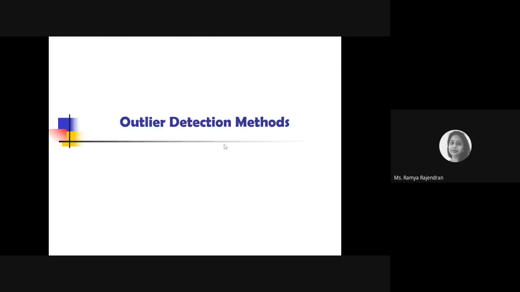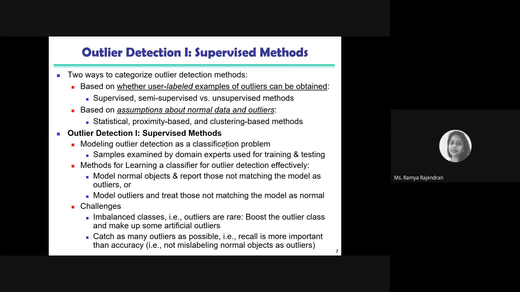So let's see these methods. There are 2 approaches for outlier detection methods, so in 2 ways you can categorize them. The first is whether the examples are user labeled, and the next is based on the assumption about the normal data and the outliers.